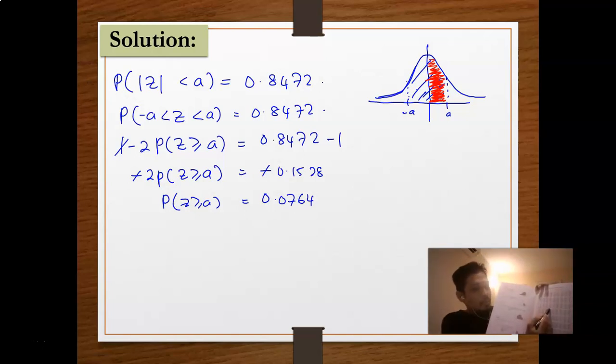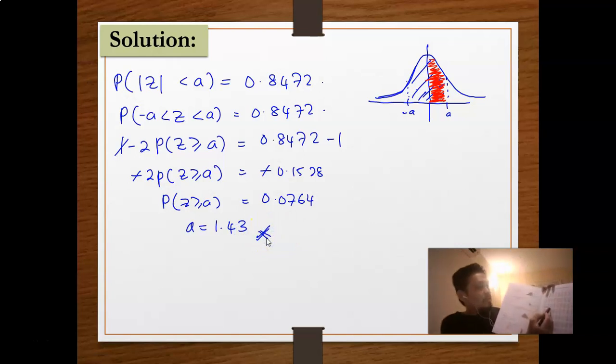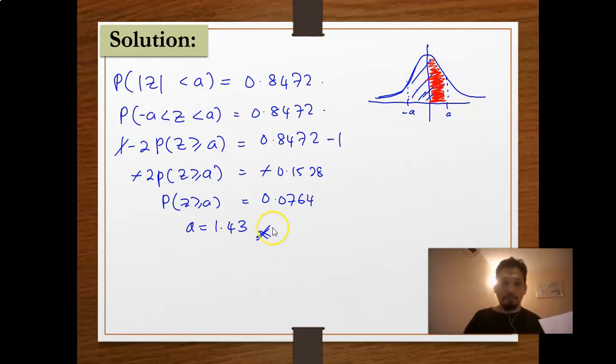It is between 1.4 and 0.03, meaning A equals 1.43. Again, 0.0764 is between 1.4 plus 0.03. There you go.